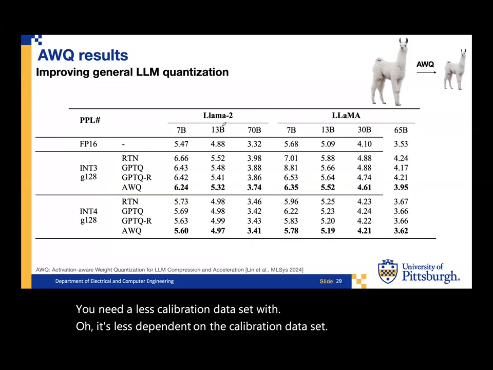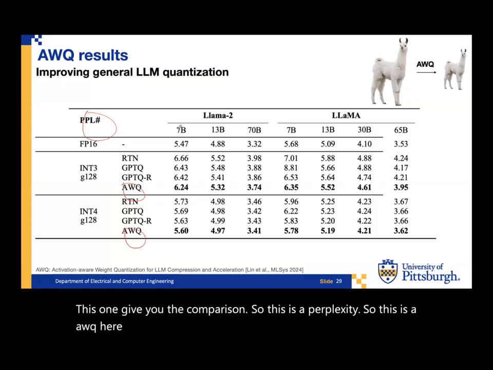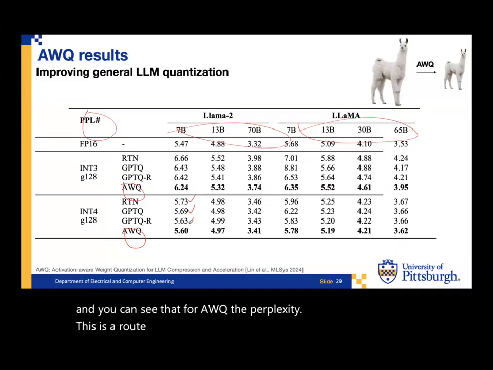This one gives you the comparison. This is the perplexity, and this is AWQ here, for different model sizes of Llama 2. This is round to nearest, and this is GPTQ. You can see that it gives you quite good performance.